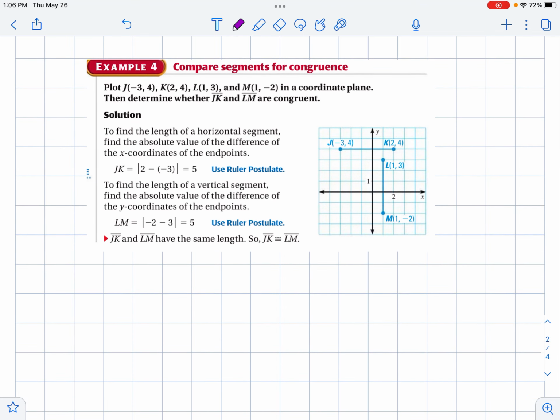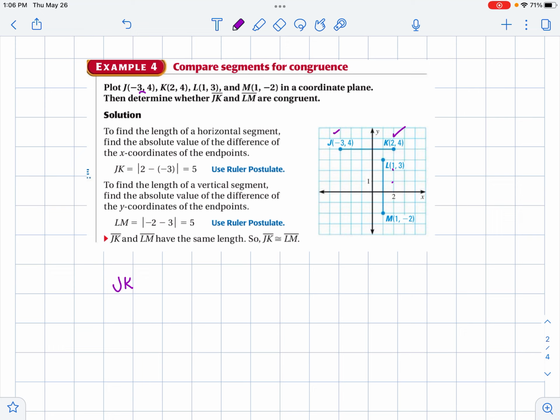Okay, now let's go down here and talk a little more about these. Here we've got some points. We've got the point -3, 4. It's right here. There's J. And we've got all these points plotted. K is 2, 4, so we go over 2 and up 4. There's K. Now what we want to do is find the length of each of these segments. For example, I want to find the length of JK.